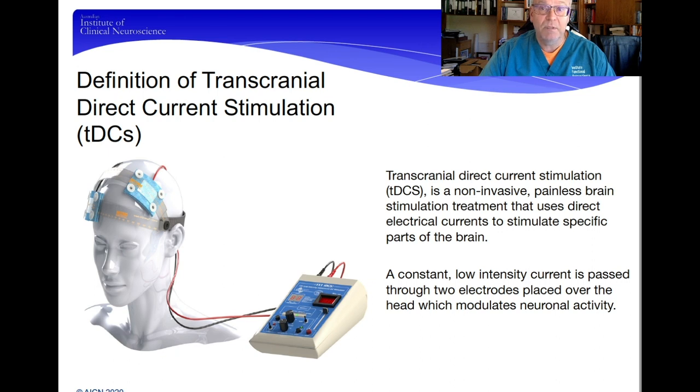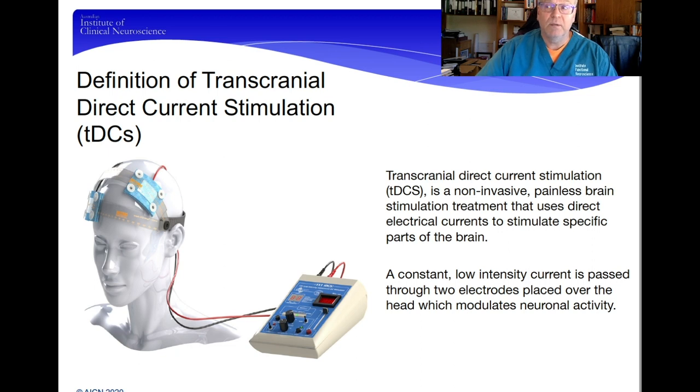So it gives us a bit more flexibility in how we can change the way the brain is functioning. Remember, it's a constant direct current, and it's passed through 2 electrodes placed over the head in specific positions, which we call montages, which we'll talk about in a couple of lessons from now, about all the different types of montages that we can use with direct current.